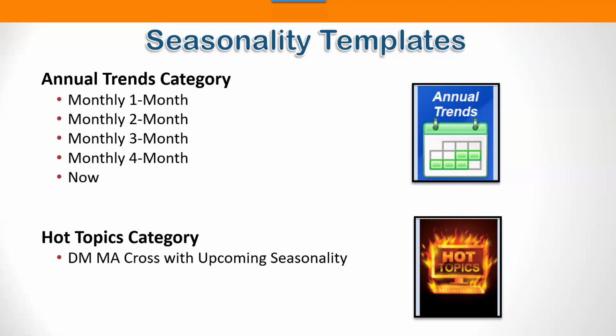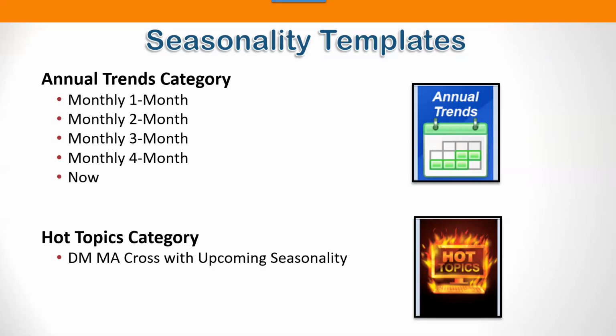So it gives you a little bit more information: you've got this technical pattern occurring, but you've also got historically a good time of year to be trading that particular stock. So that's the little intro there.